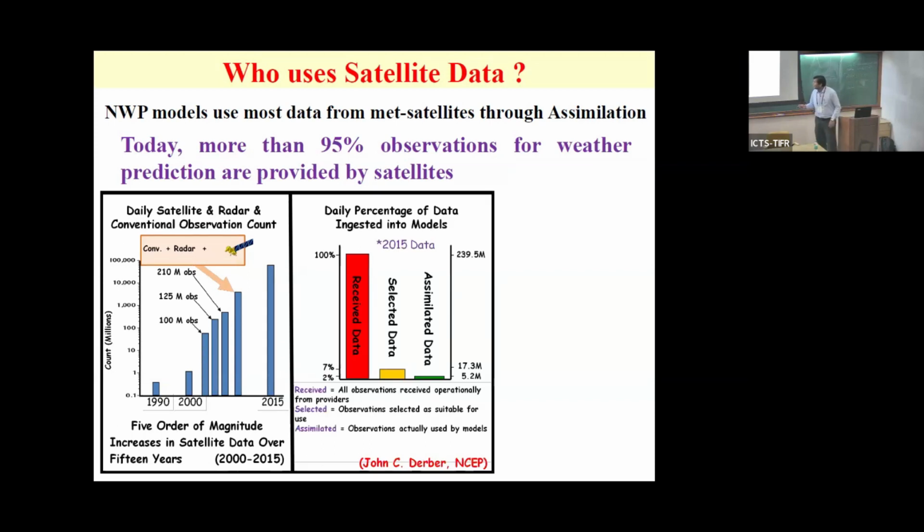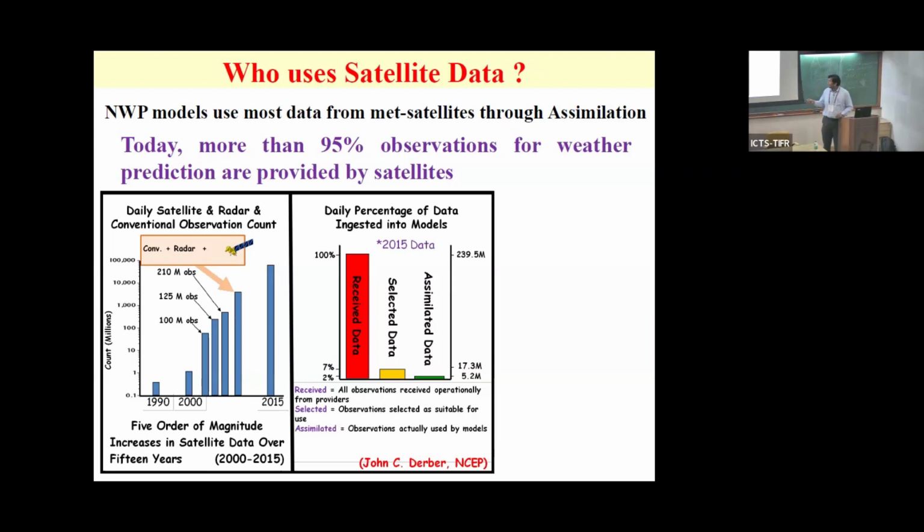Out of that, the total data which we received from various sources, suppose we consider that as 100%, which is around 239-40 million in 2015 framework, we will find that only a few percentage are useful for data assimilation.